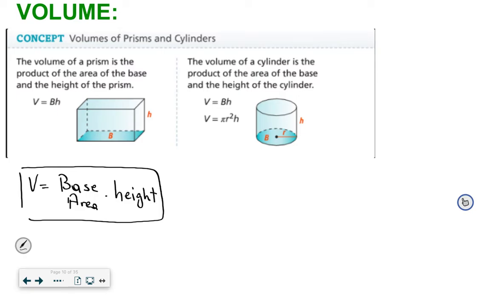When you look at the rectangular prism, what is the base area of the rectangle? Length times width, right? So base area is length times width.